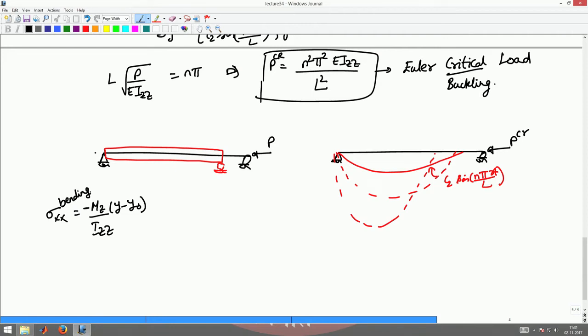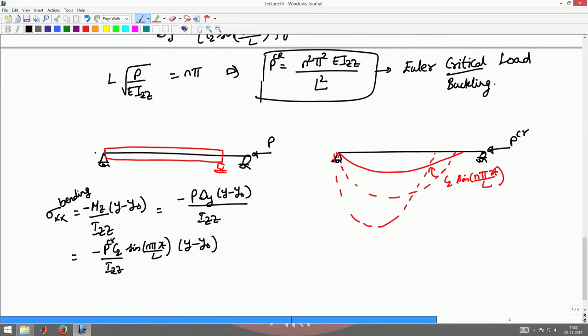Now, Mz is minus P times delta y, so the stress is minus P times C2 sin n pi x by L into y minus y naught by Izz. This P is P critical.